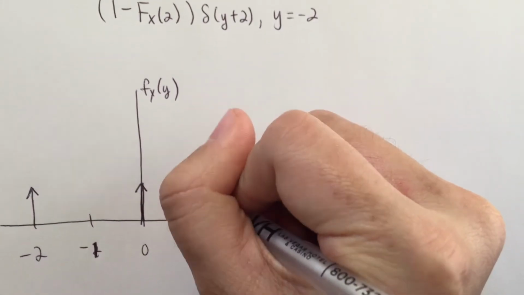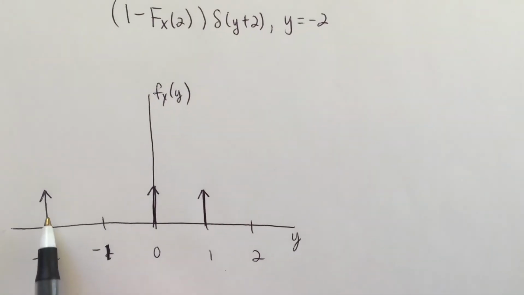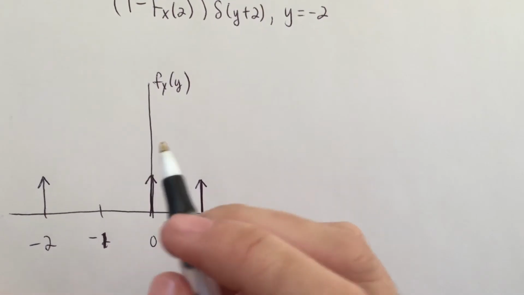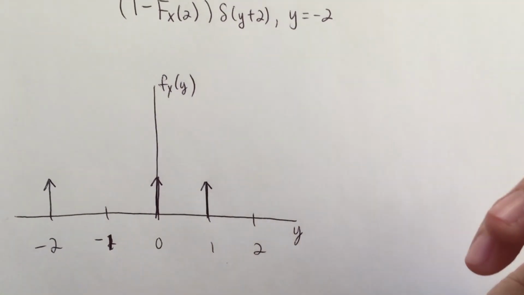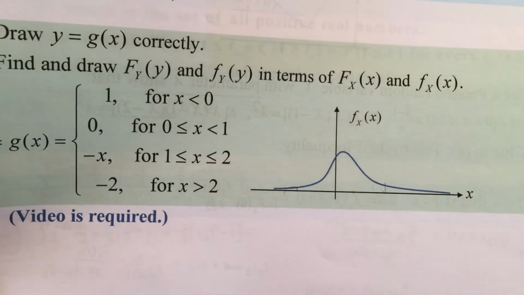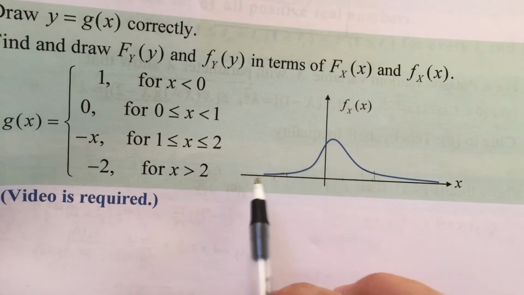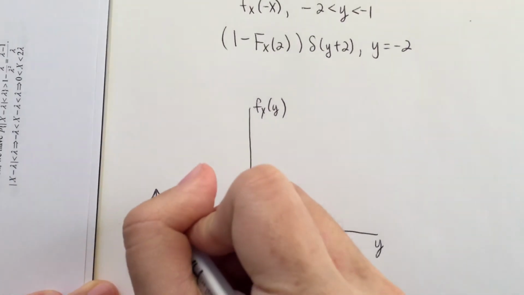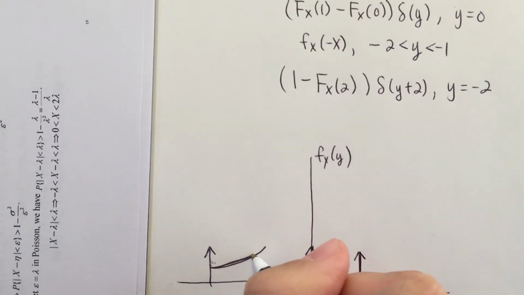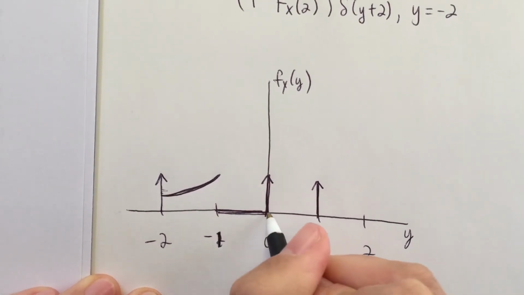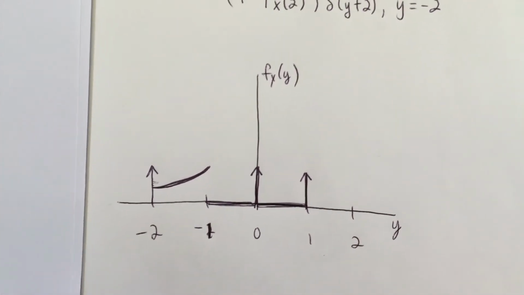And then from negative 2 to 1, it's the small f of x, and the professor actually gives us the small f of x here, so you can see that from negative 2 to 1, this is just an approximation. It's a curved slope that goes up. So in terms of f of x, this is what it looks like, and then it's 0 here, and then that's it.